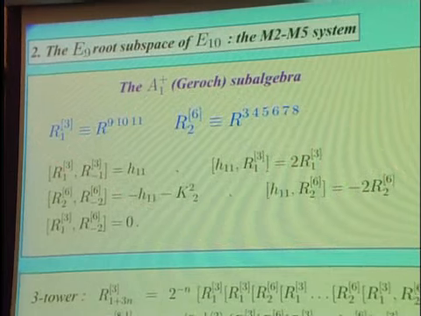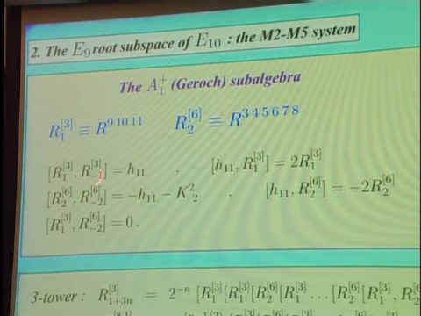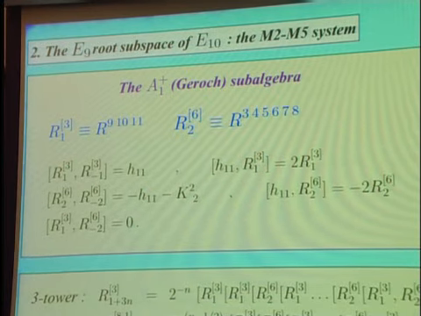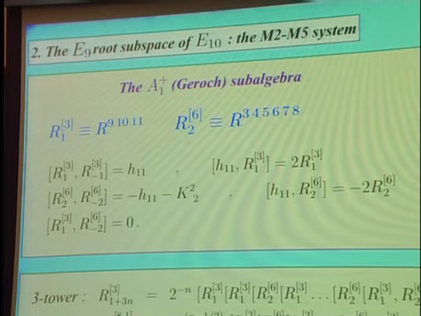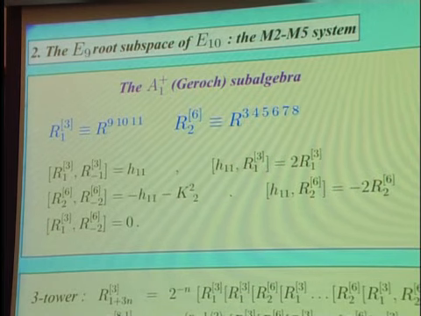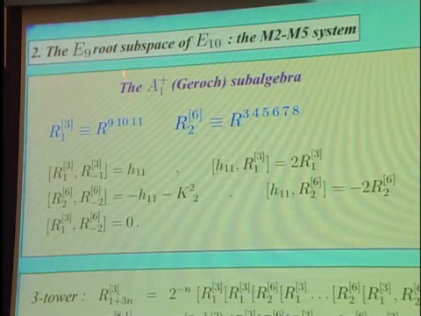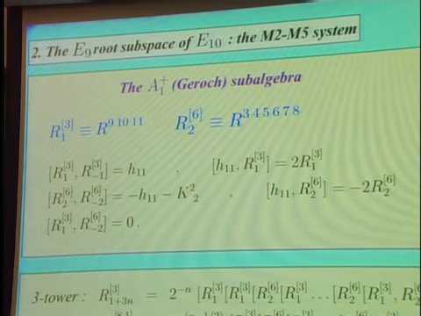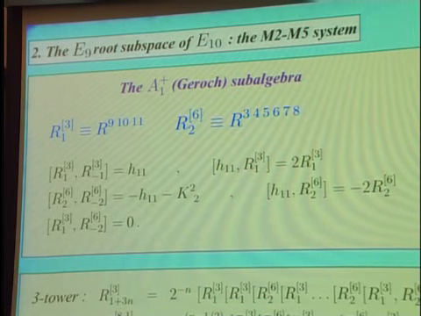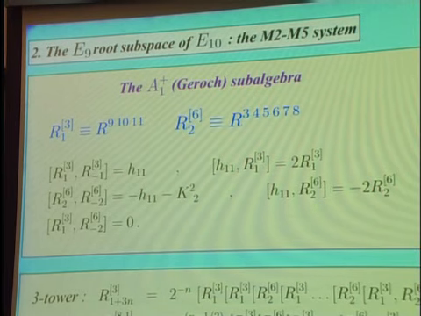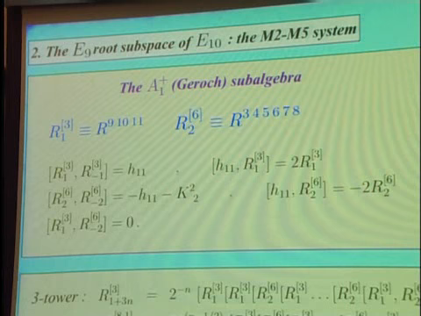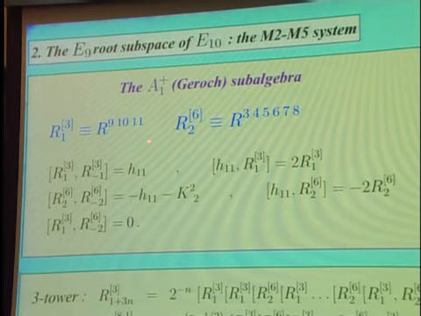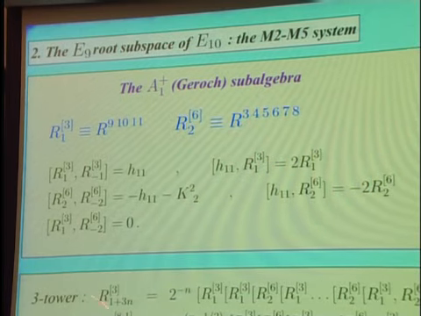And so we have this, and this now makes an infinite set of generators of this group A1+, which is a subalgebra of E9 in this embedding in E10. And here are the generators with these specific numbers which we took here.